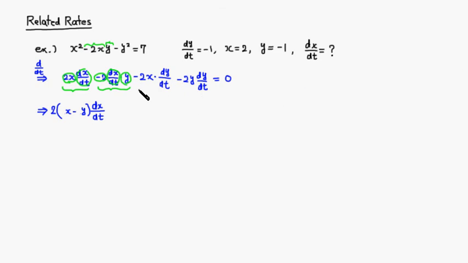Then I'm going to group these two guys together, this guy right here and this guy right there. Since both of them have dy over dt, I'll group those together.